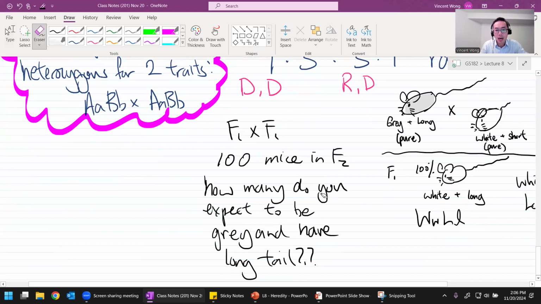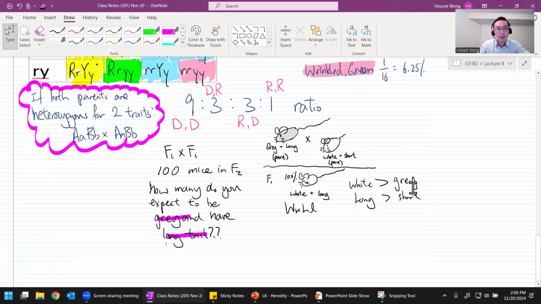So it's asking you how many do you expect to be gray and long tail? So looking at our situation here, gray is recessive, and long is dominant. So recessive for one trait and dominant for another trait, the number is 3, right?